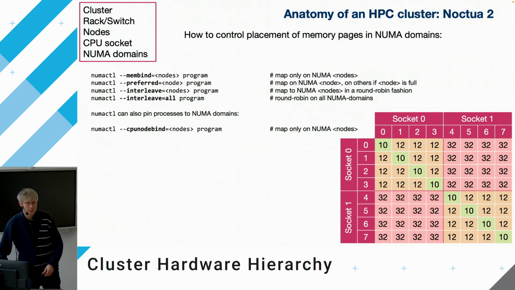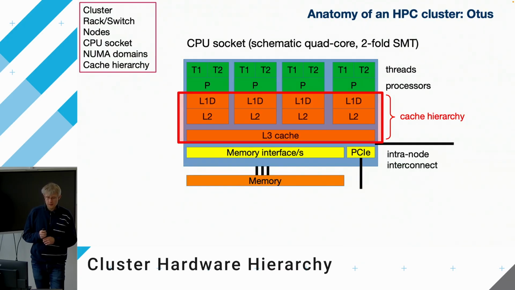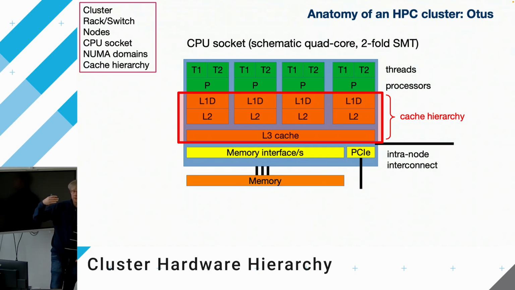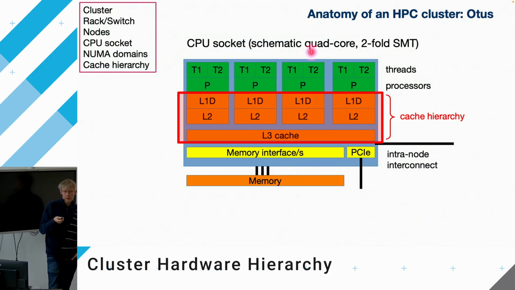Now, the reason why we are spending so much time on the memory is that it can become a bottleneck in your computations. Many computations are memory bound, which means that they depend on a good performance of the memory access. As we see here in the model, with the CPU cores on the top, if they do memory accesses or memory requests, the request has to go through the chip.